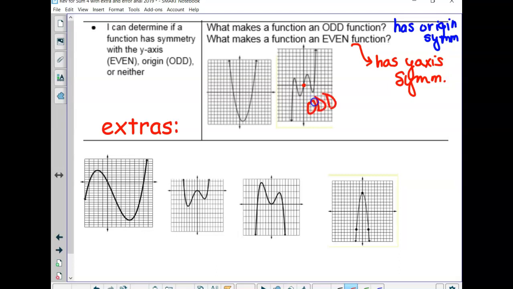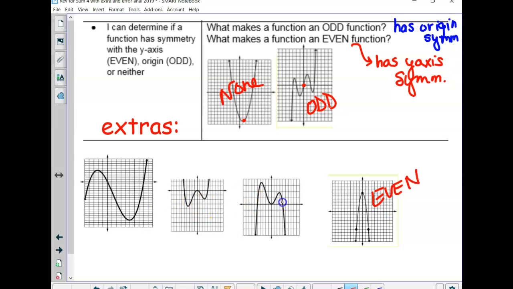Are any of these up here even? This one is? I don't think it is, because it has a line of symmetry, but it's not the y-axis. I think this one is even, yes, by looks.